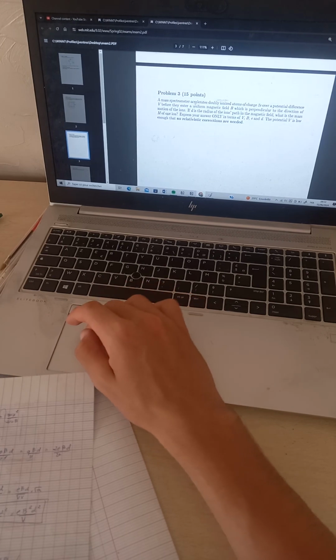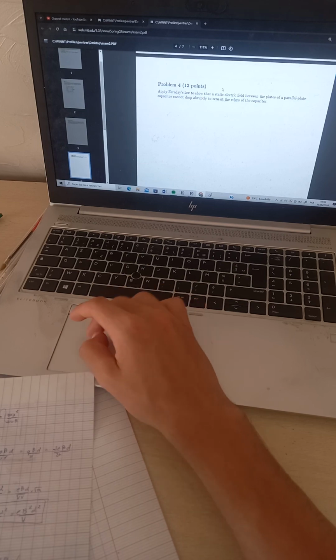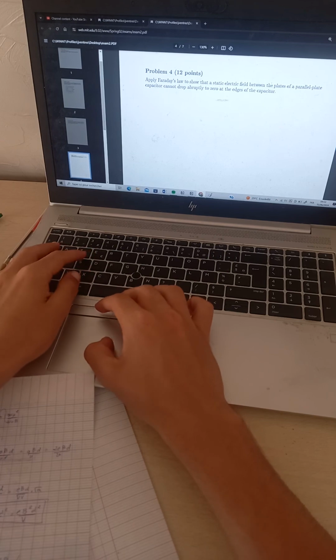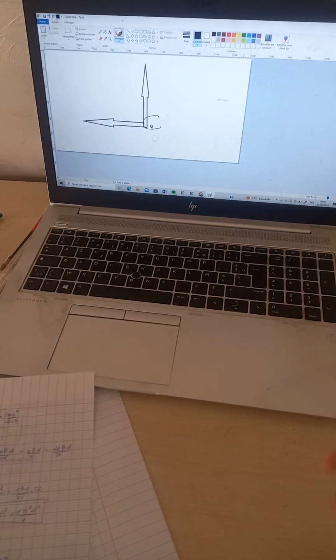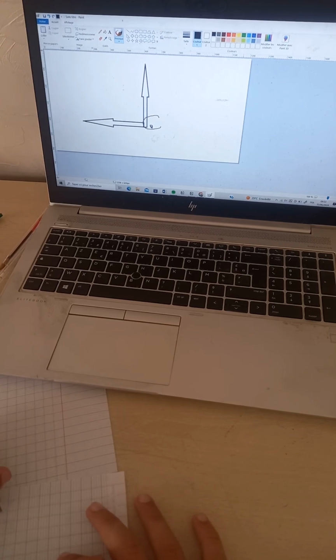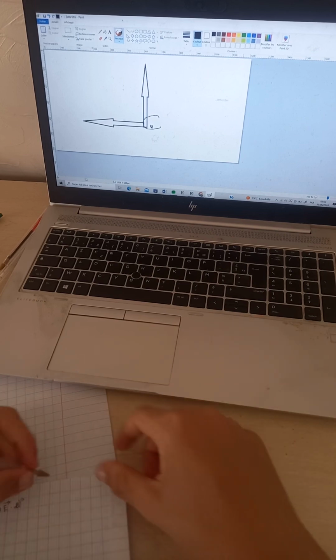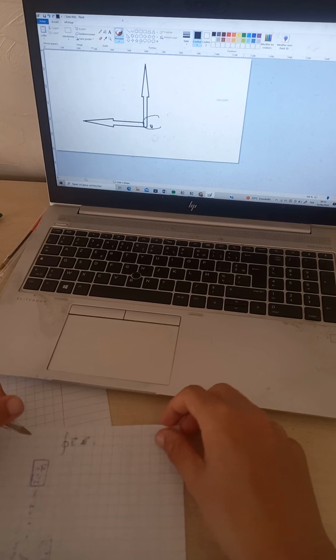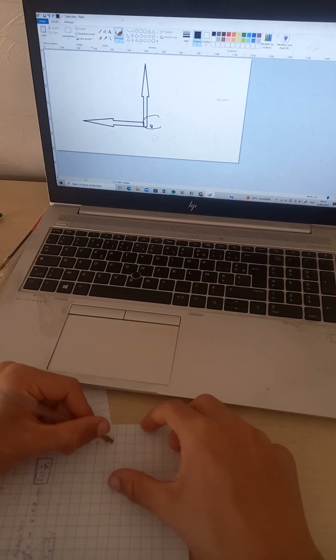Now this one I got all right. This one is an application of Faraday's law, which states that the closed loop integral of E dot dl, which is basically the third Maxwell equation, is equal to minus dΦ_B/dt, the change in magnetic flux.